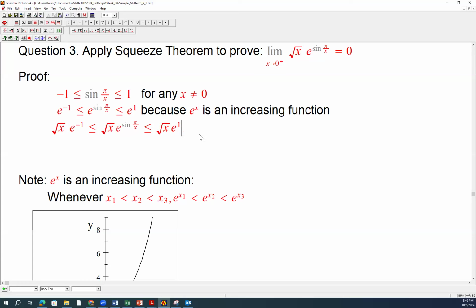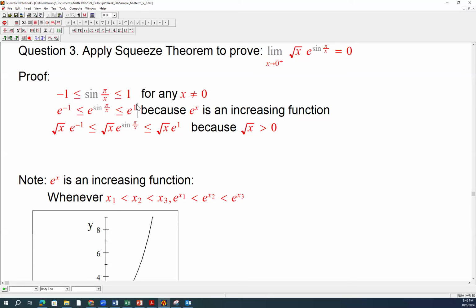Okay. So now we must understand these reasons, because root x is positive. Then you say, what if it's negative? If you multiply something negative on every side, you have to switch the direction of the inequality.